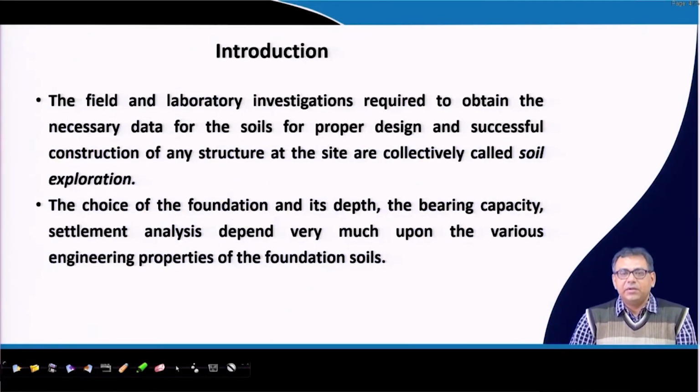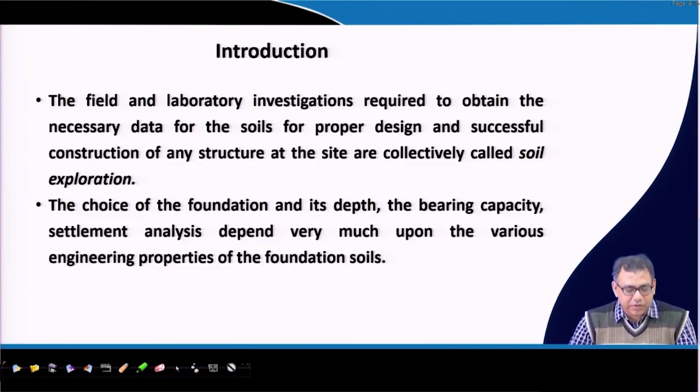So the first part that I will start is soil exploration, because for the foundation design we should know the properties of the soil. These soil properties can be determined either by field test or by laboratory test. For that purpose we have to do the soil exploration.